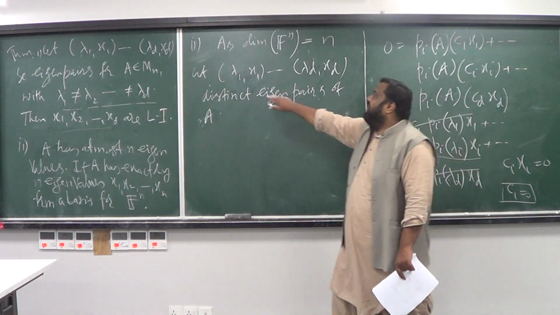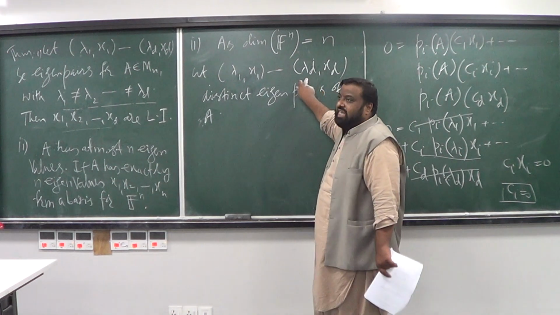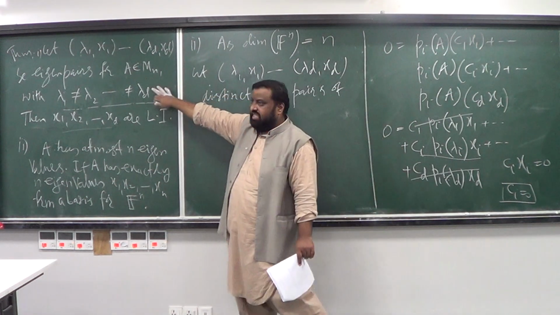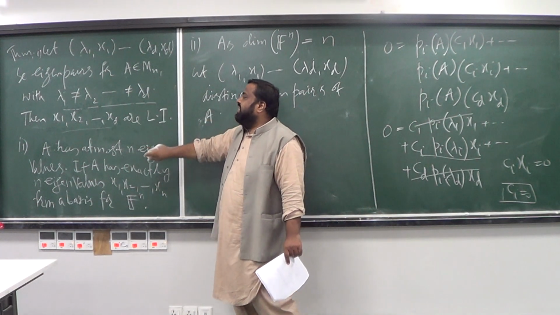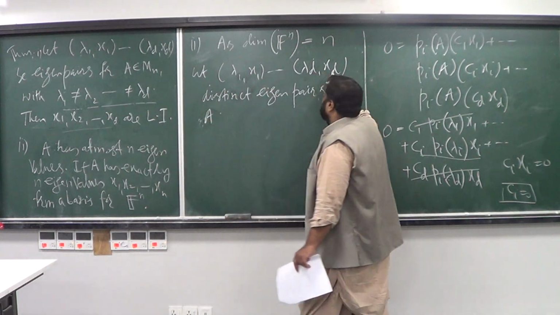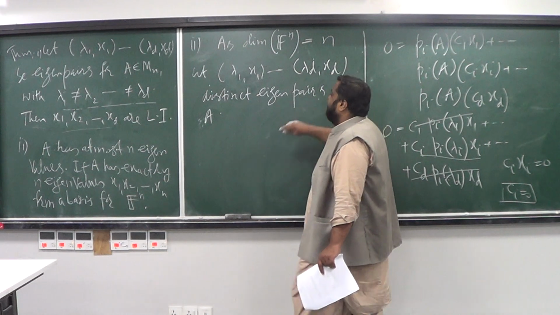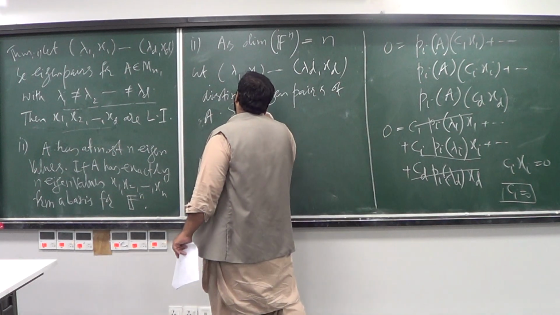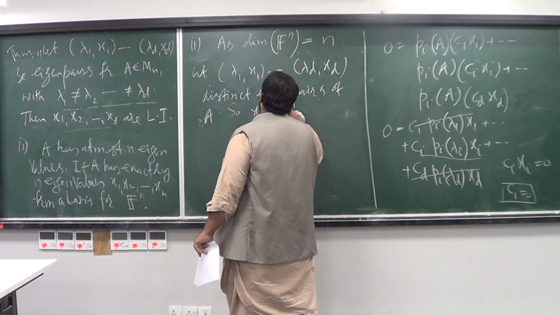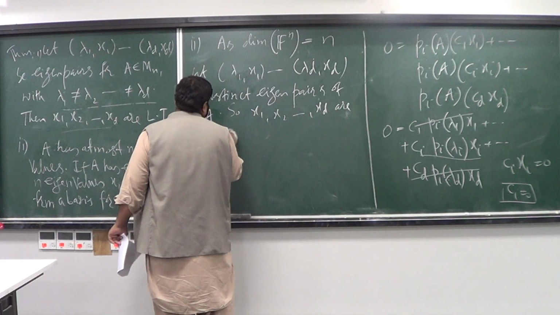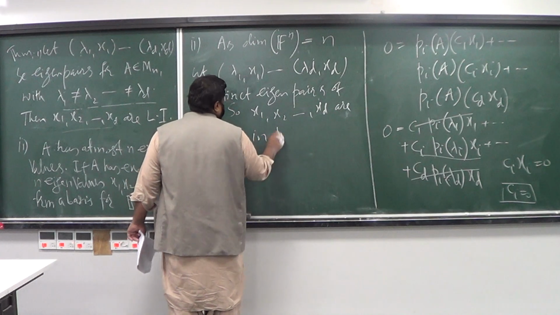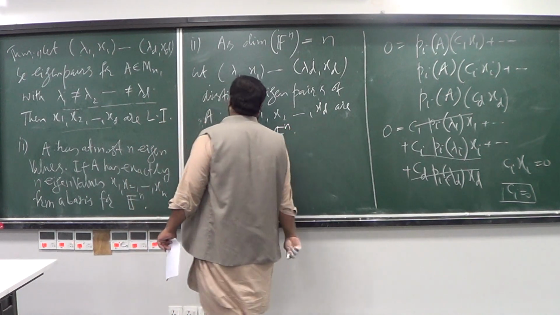Now, lambda 1, lambda 2, up to lambda d are distinct, as we have in this theorem, so this theorem tells us that these vectors x1, x2, up to xd are linearly independent in Fn.